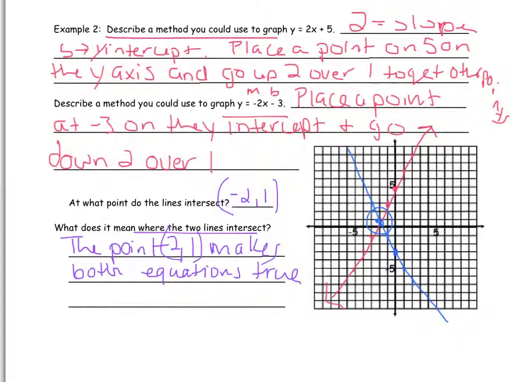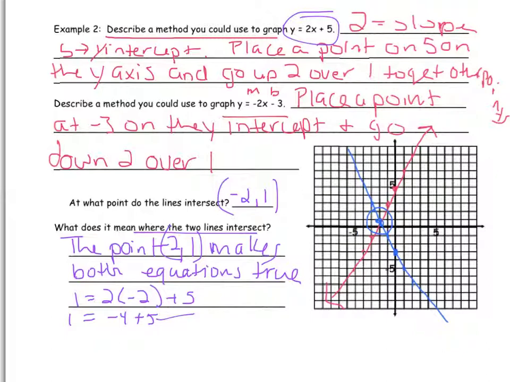So I could plug that back into both of the equations. For the first one, I'm going to plug in 1 for y: 1 = 2 times -2 plus 5. 2 times -2 is -4, plus 5 does equal 1, so that works out.